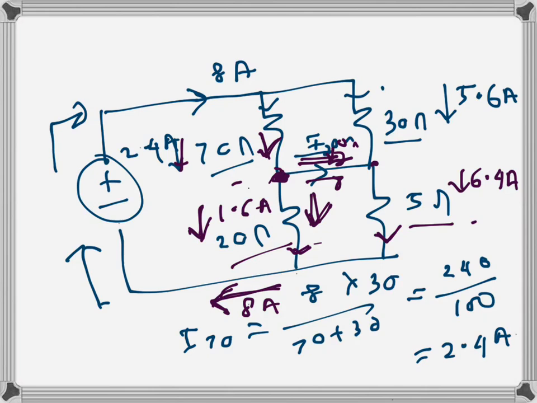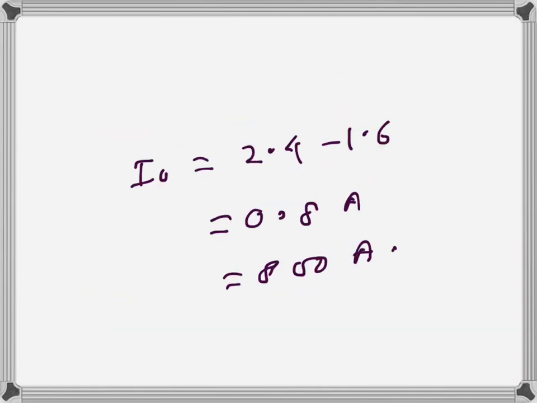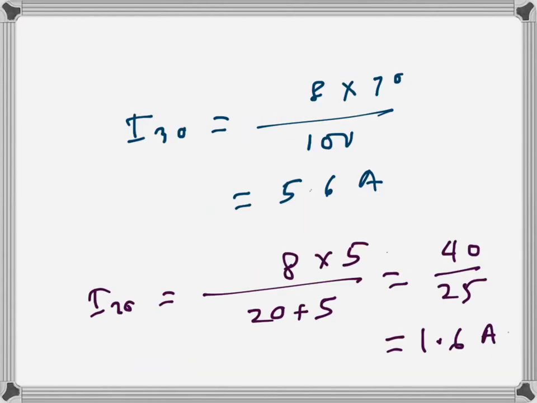Now we can try KCL at the other node, which maybe I will mark in a different color, maybe here. Again, I0 is going in this direction, we have said that before, so we will just stick to that direction. We just want to see whether we get the same current. We should, of course. So I0 plus I30 will be equal to I5, given the directions are like that.